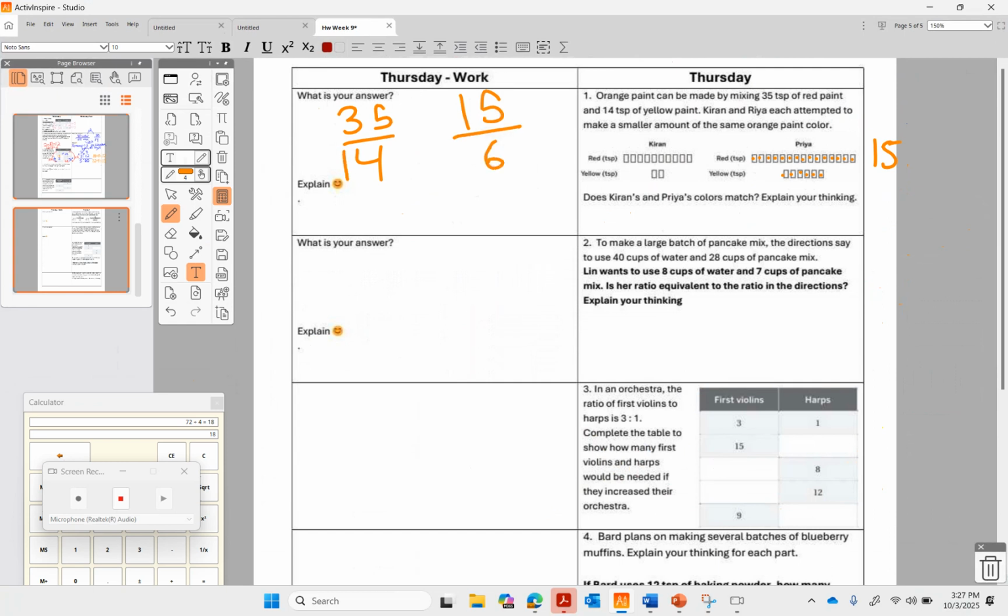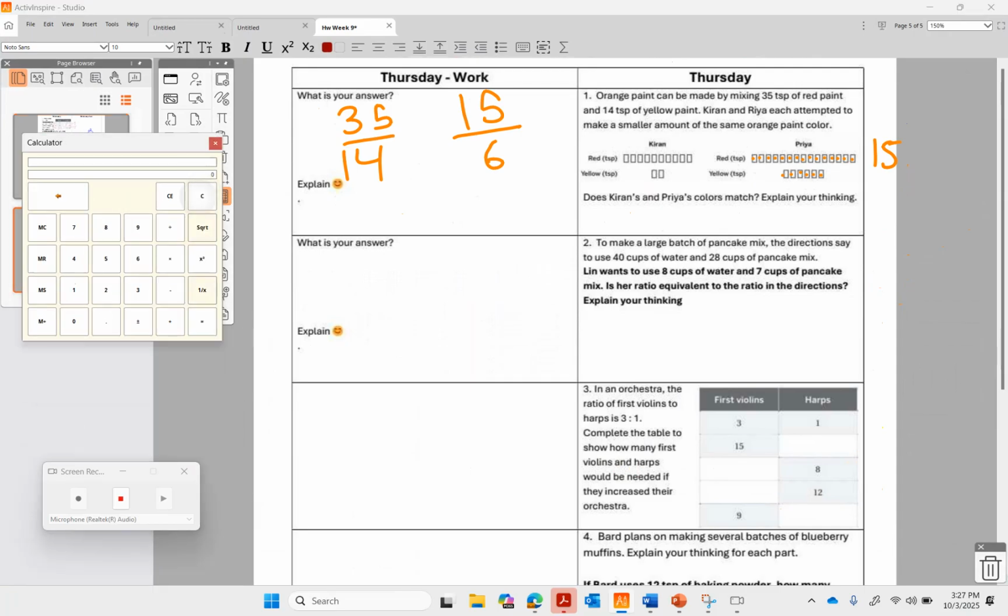So I want to see, I don't think this is going to work, but let's see. 35 divided by 15 is 2.33. Ooh. Okay. Priya's does match.